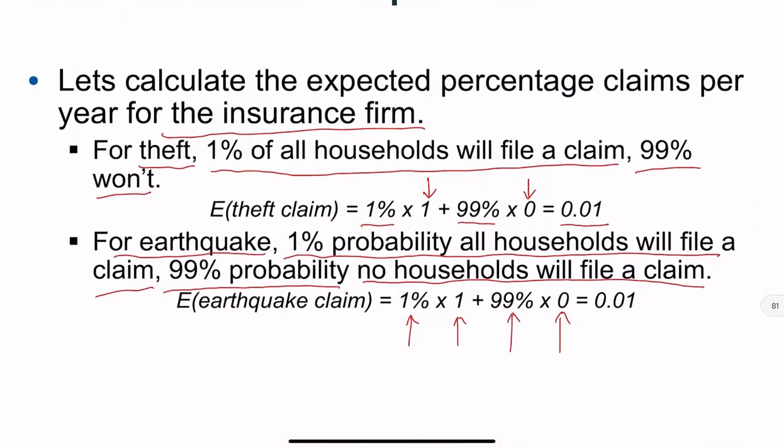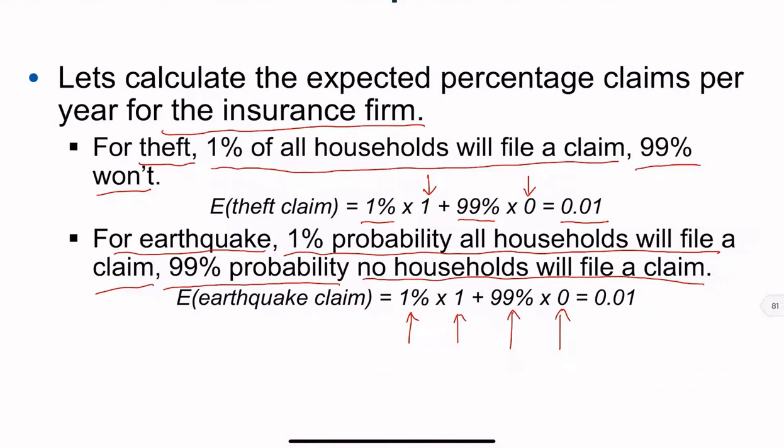However, if you examine the expectation and the standard deviation from the insurance firm's perspective, you will get a different result because now you're thinking about a portfolio of insurance policies. For the insurance firm, theft claim and earthquake claim have the same expectation. Both are 1%.